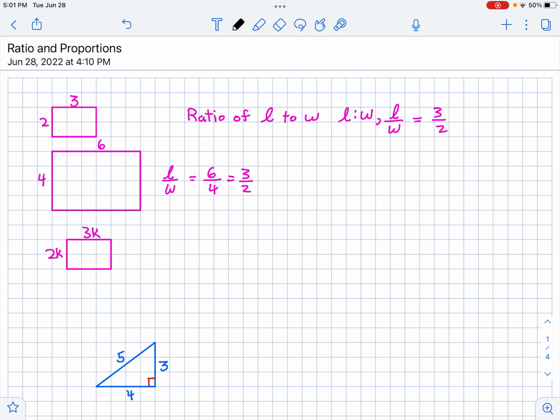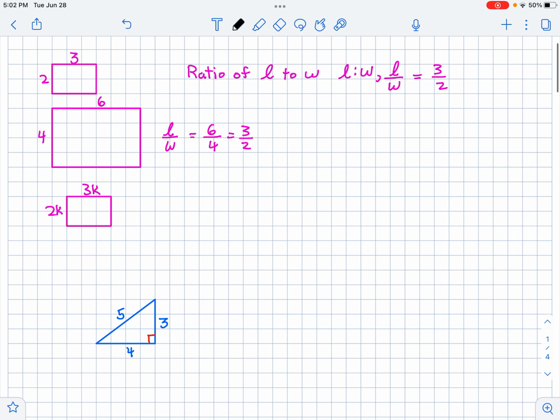Well, now the ratio of length to width is 6 to 4. But notice, that's just 3 over 2. In other words, it reduces to that. What happens is we just multiplied both sides by 2.